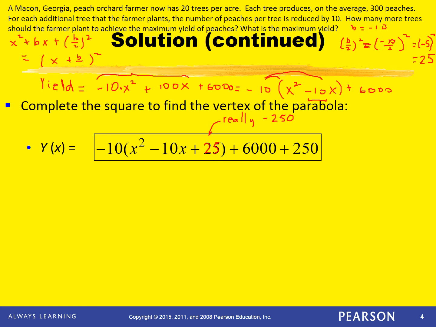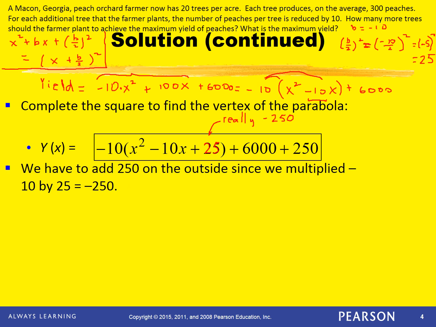Now that's a formula. I encourage you to memorize it, because if you do, it's going to make the completing the square problem a lot easier. Okay, so the square of x plus b over 2, what is that? That's the square of x minus 5.